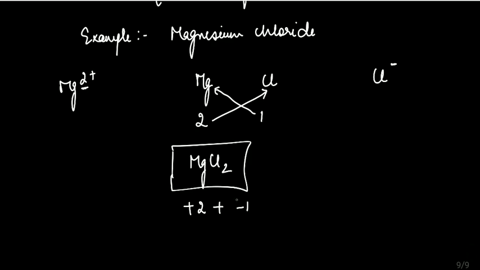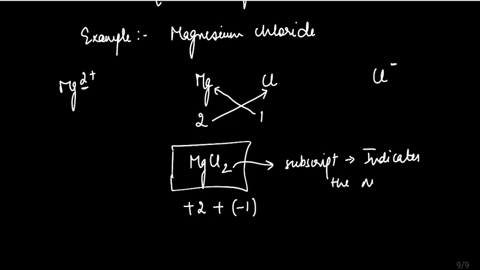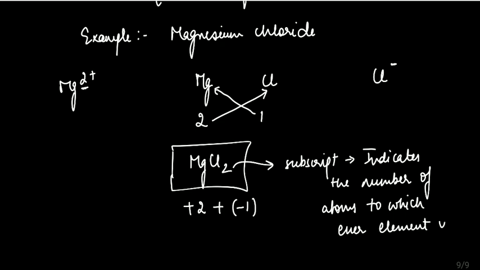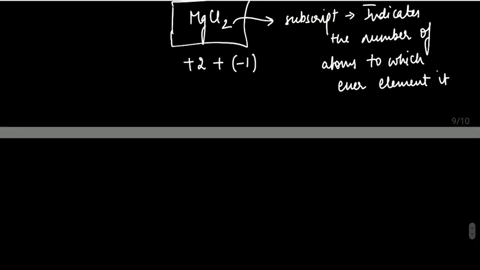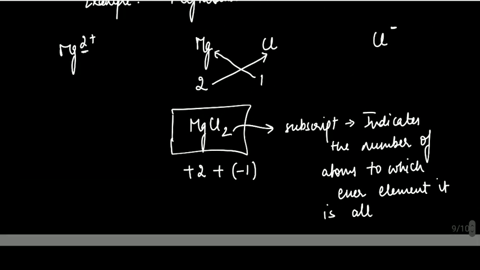Chloride is carrying minus 1 charge, and this is what we call the subscript. In a chemical formula, subscript indicates the number of atoms of whichever element it is attached to. For magnesium, there is no number, so it indicates only one atom of magnesium is there.